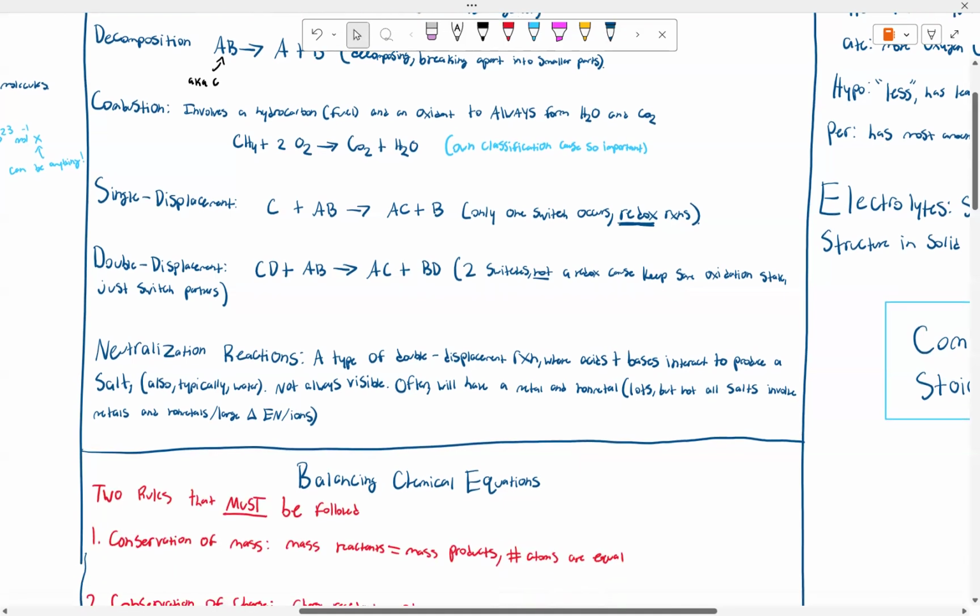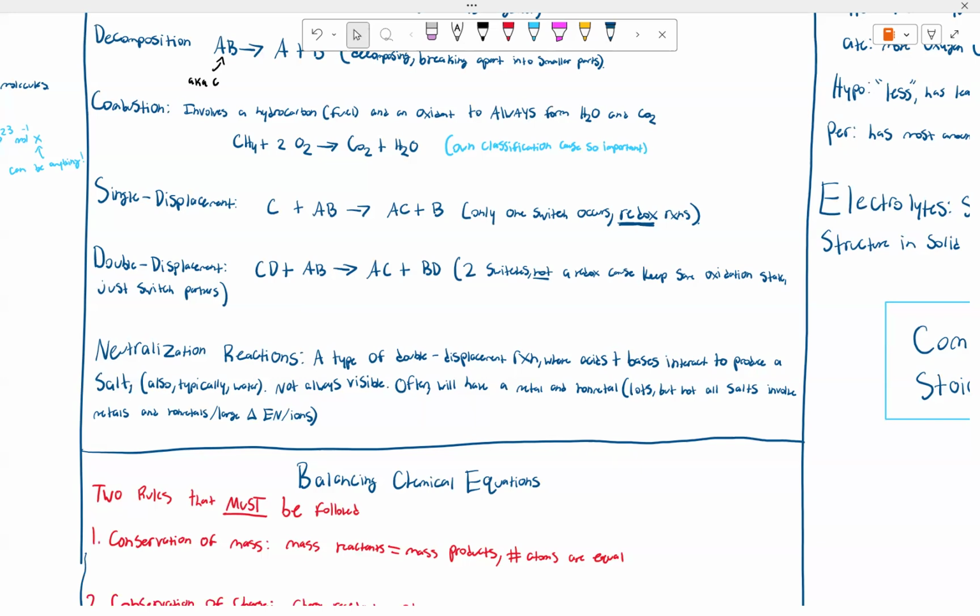Single displacement. That's more or less where you're displacing a single thing from the reaction. You're not changing into a whole new product; you're just having the same things that were there, the same elements that make up the reaction.